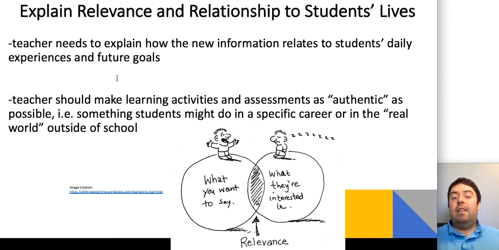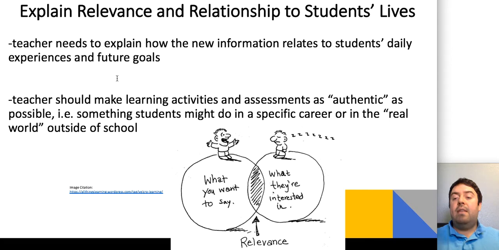If they feel like they've had a personal experience with the learning, if they feel also that they will use this in the future and that they've seen other people use this information, they're more likely going to be interested in learning it. And one way to do this is to provide students with authentic learning activities. So giving them context or situations that are real world.